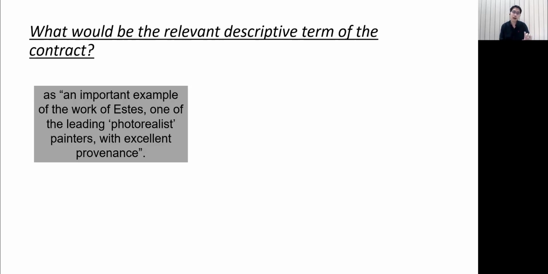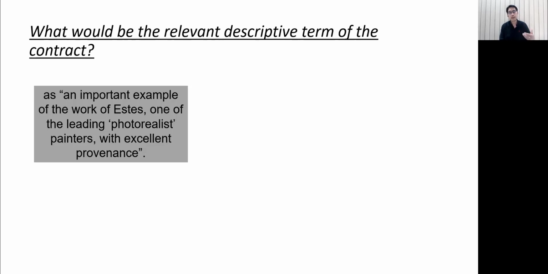In fact, the last two words, excellent provenance, themselves indicate that there's a possibility it may not be the actual authentic painting painted by Estes. It just says of excellent provenance, not that it is of original provenance.